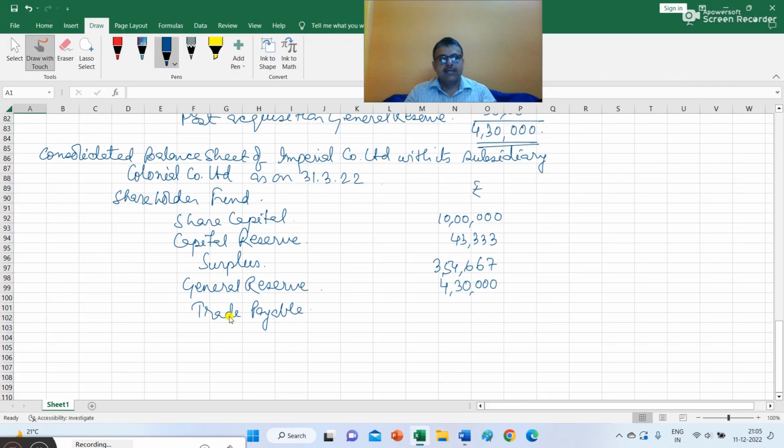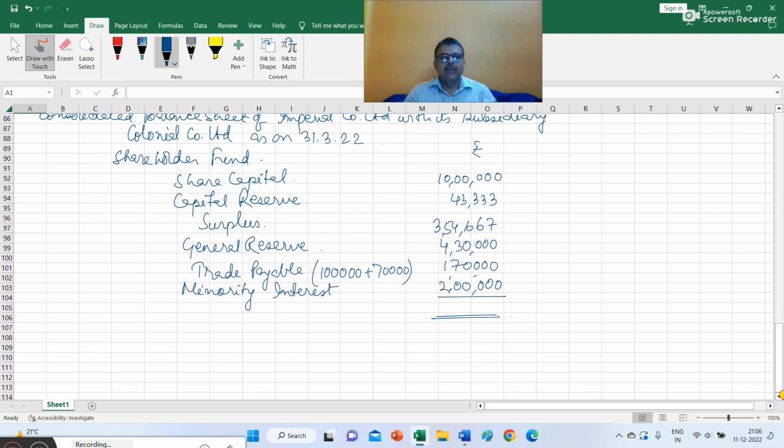So I have to write here 1 lakh plus 70,000. This will give you 1,70,000. And the value of minority interest was rupees 2 lakh. So I have already shown you from control chart A the value of minority interest, and the total of liability side is 21,98,000.